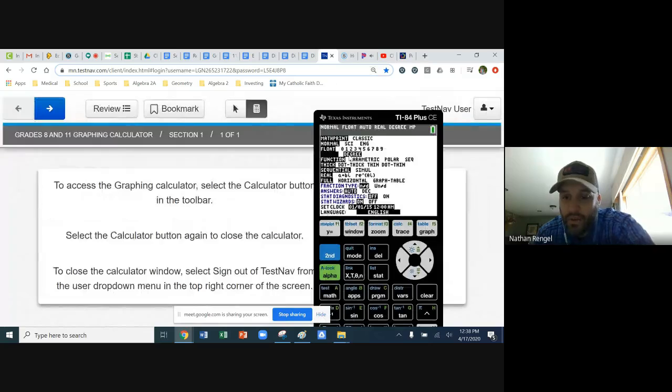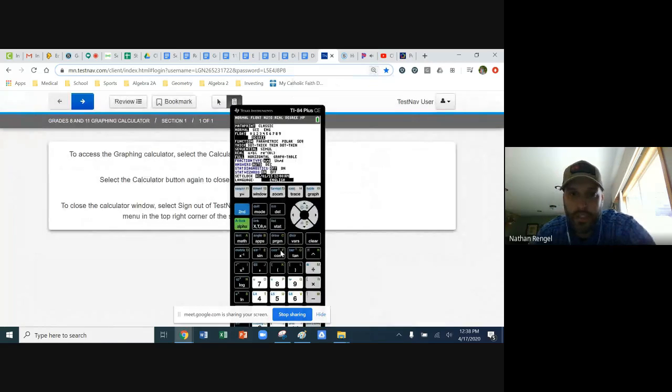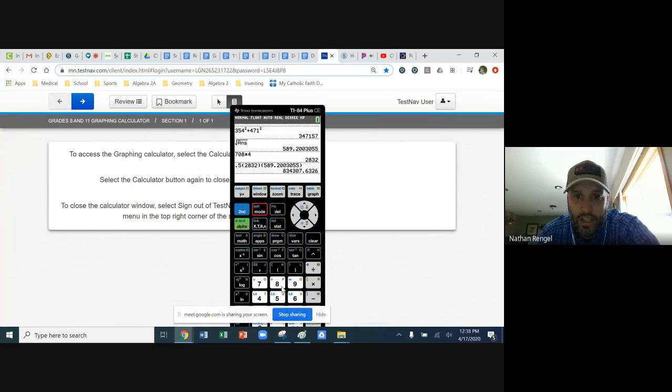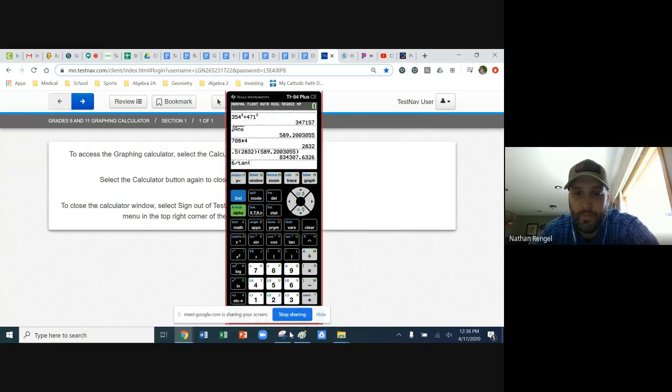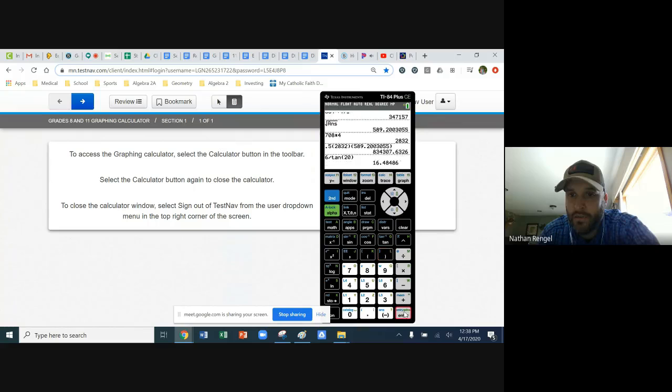You want to make sure it's black with the white letters. Okay, that should be good. Now we can second quit, and we will take our 6 divided by the tangent of 20. Okay, everything looks good there.